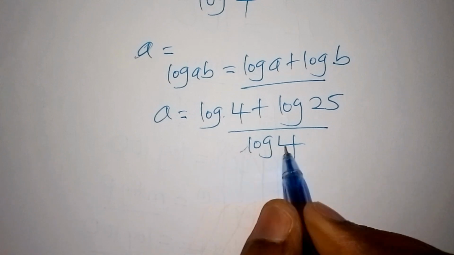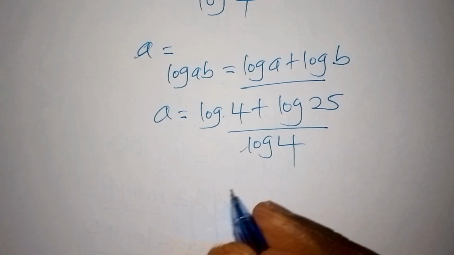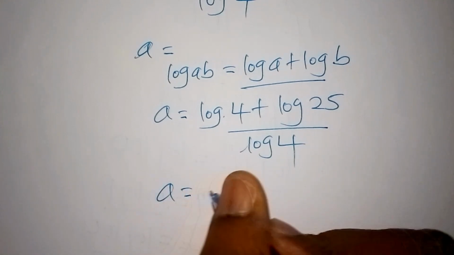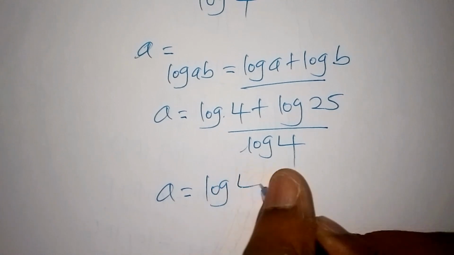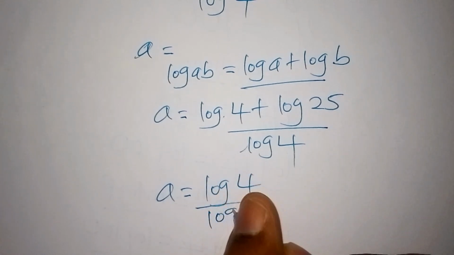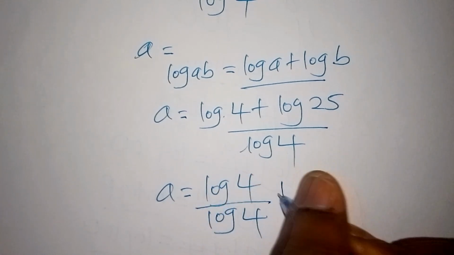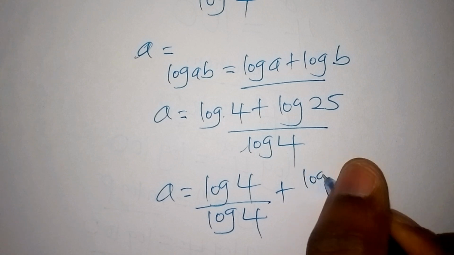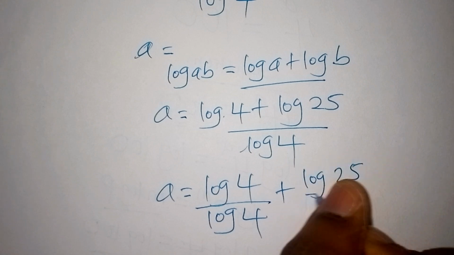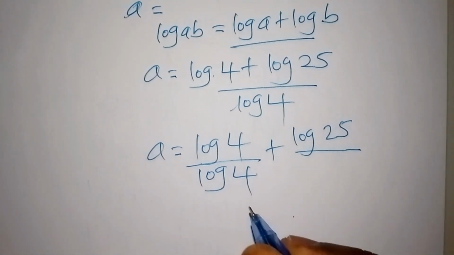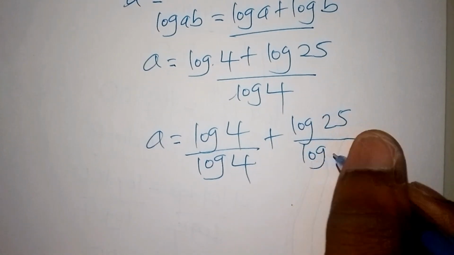So now we shall divide both sides by this log of 4. So now our a is equal to the log of 4 all over the log of 4, plus the log of 25 all over the log of 4.